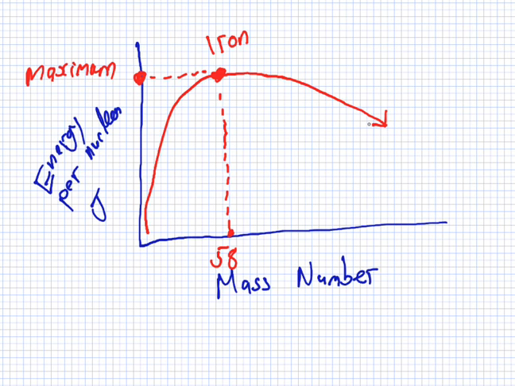So as the atoms get bigger and bigger, there's less binding energy per proton-neutron. This makes them easier to separate. In fact, I think down here you're going to have something like uranium, yeah. Here would be something like uranium, and here would be iron.